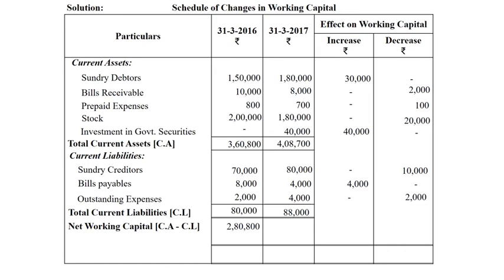Okay, 3,60,800 total current assets, total current liabilities 80,000, gives 2,80,800. Next year also same thing. 4,08,700 minus 88,000 gives you 3,20,700.